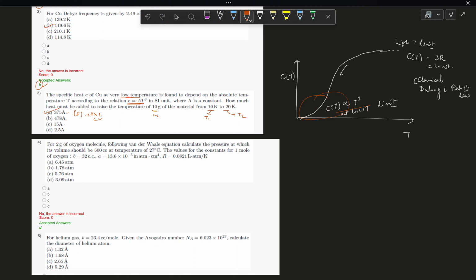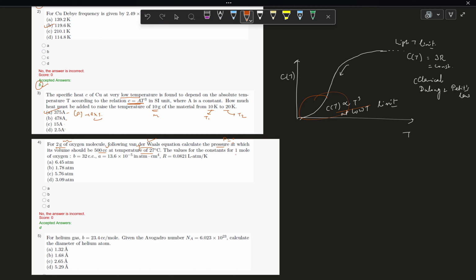Now one thing that you need to take as information from this question is the mass of the oxygen, that you have to use in the van der Waals gas equation. You have to find out the pressure, then the volume is mentioned as 500 cc and the temperature is mentioned, which you can convert into Kelvin.